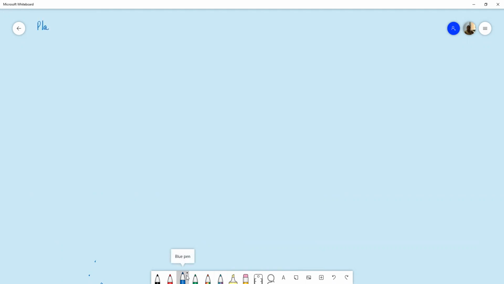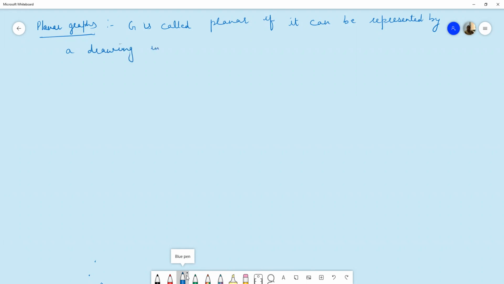Now we define planar graphs. So a graph G is called a planar graph if it can be represented by a drawing in the plane in such a way that two edge curves intersect only at vertex points.